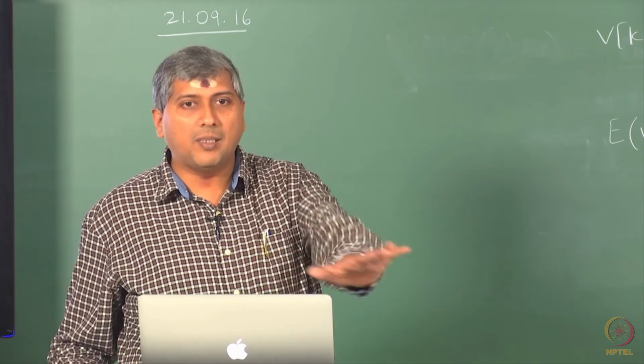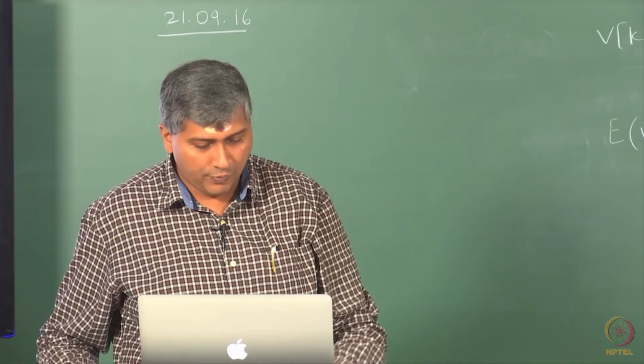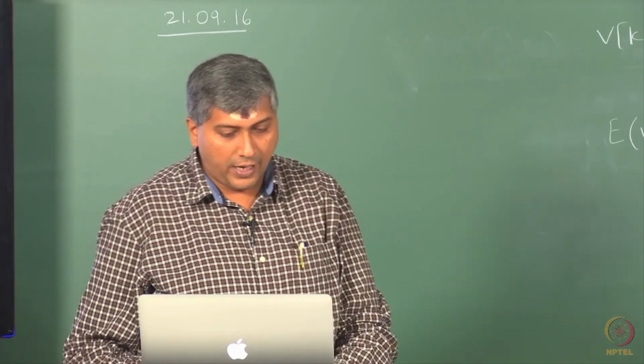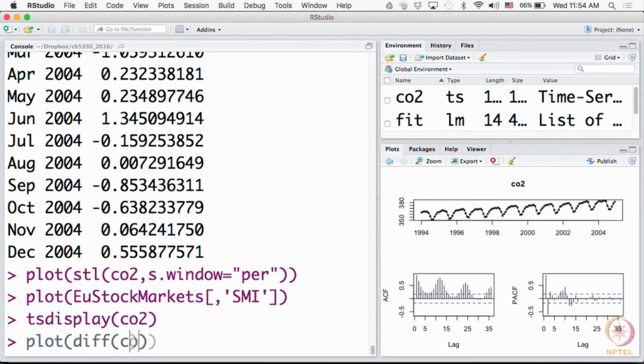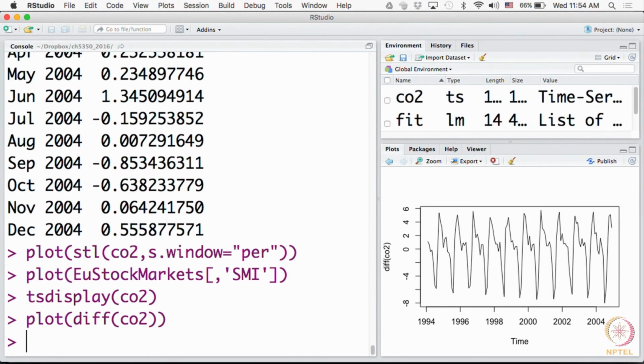Although differencing can mathematically get rid of the trend for you, like for example here I can go and plot that. The diff routine in R constructs a difference series for you. If you look at the difference series, what has happened to the trend? It has vanished, correct? The only thing that it is left with is a seasonal component.